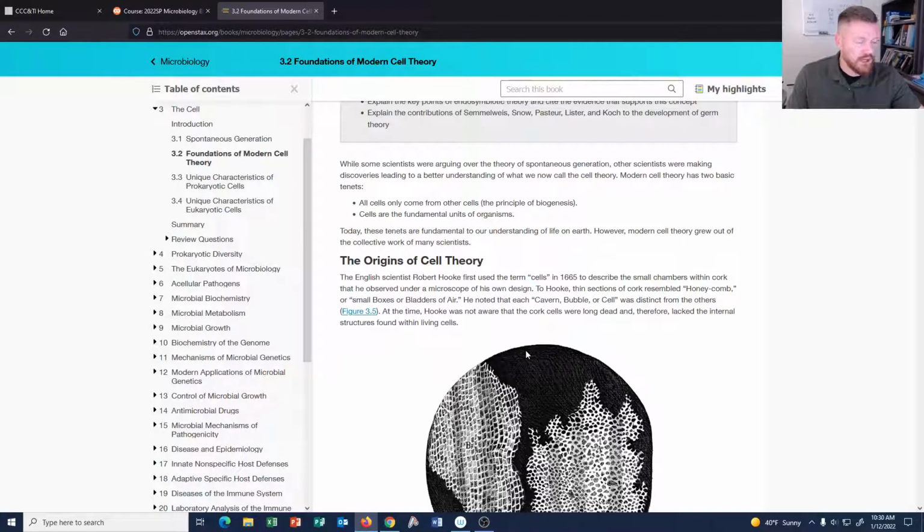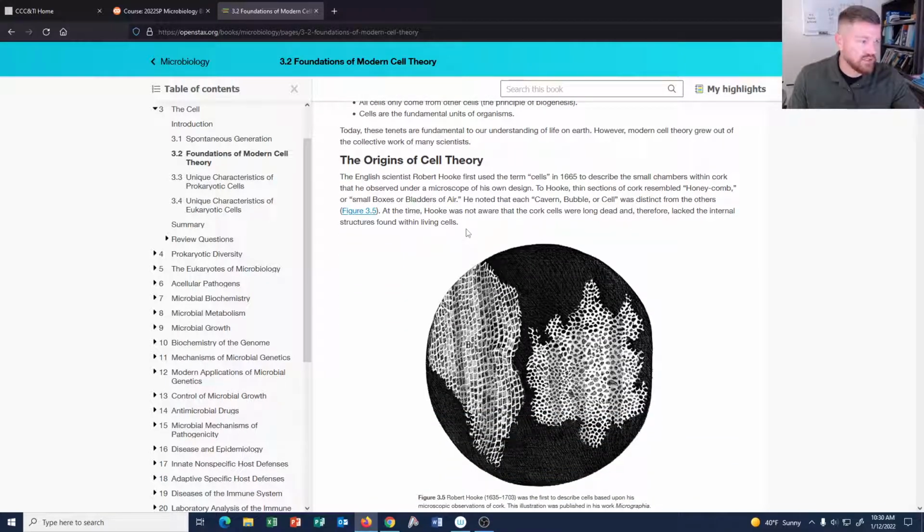When he first saw them, he called them animalcules. Had no idea what they were, right? The term cell came from Hooke seeing cork first, and it looked like little prison cells, and that's the origin of the name, right?